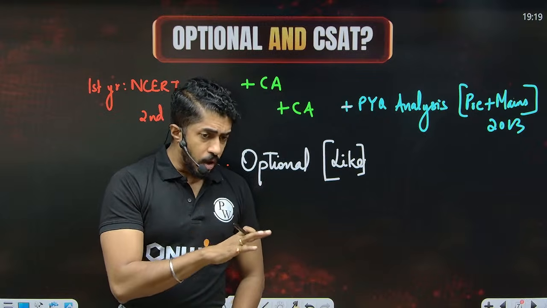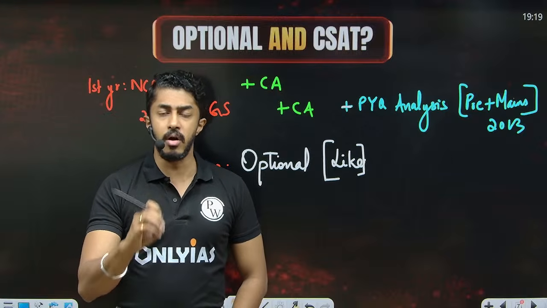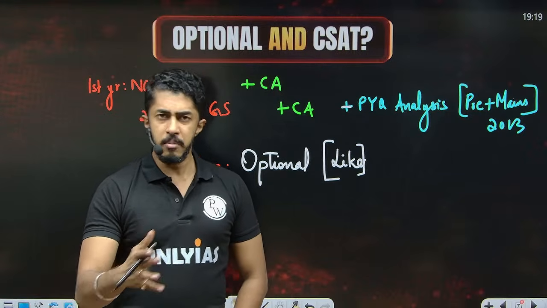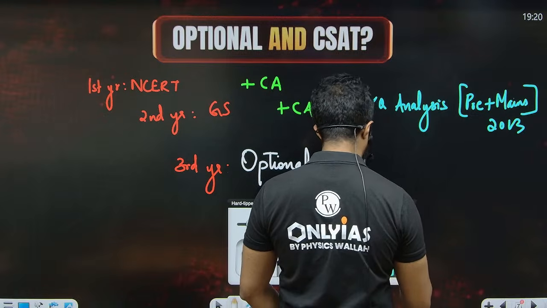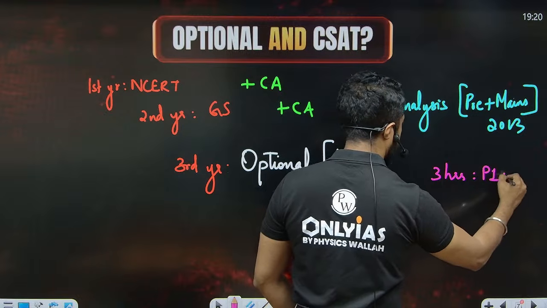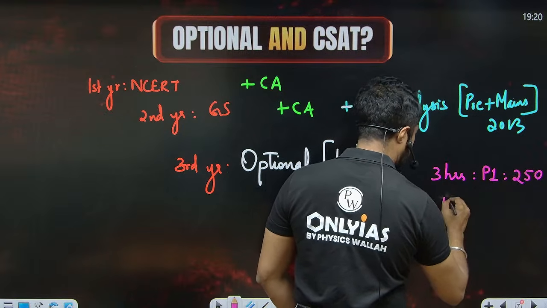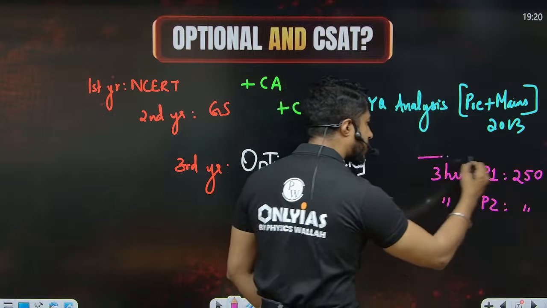There is nothing called as a scoring subject. There is nothing called as a lengthy subject. There is nothing called as an easy subject. Because ultimately, whichever optional you choose, you have to write answers for 3 hours. Paper 1, 250 marks. 3 hours. Paper 2, 250 marks. This is not going to change.